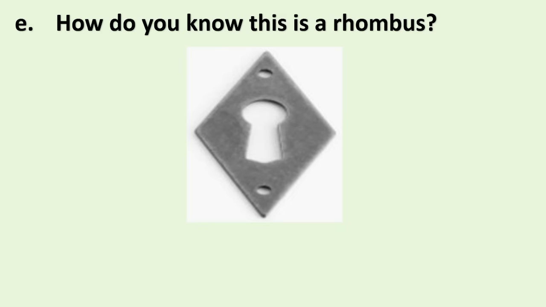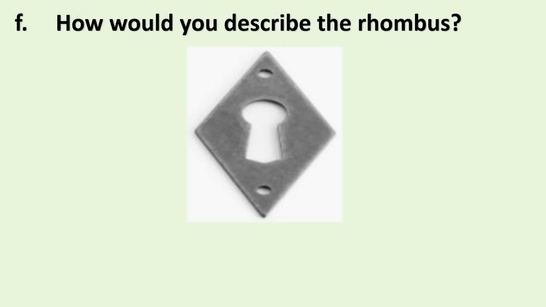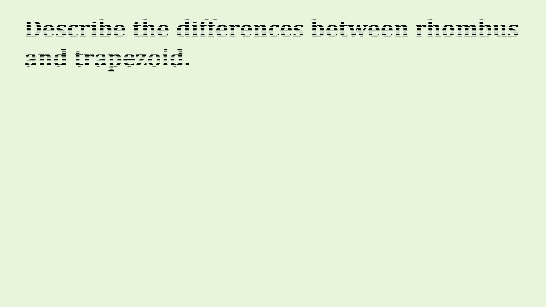How do you know this is a rhombus? It is a parallelogram with equal sides. How would you describe the rhombus? Both pairs of opposite angles are equal. Describe the differences between rhombus and trapezoid.